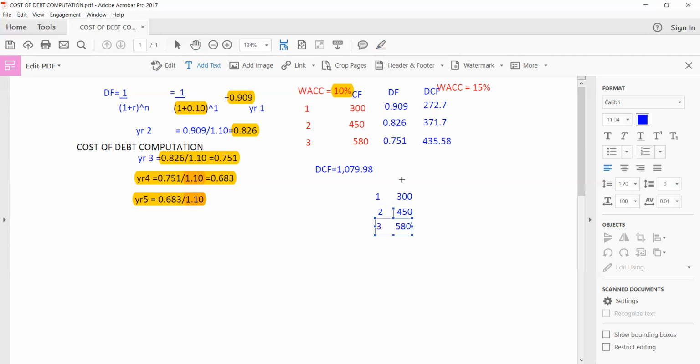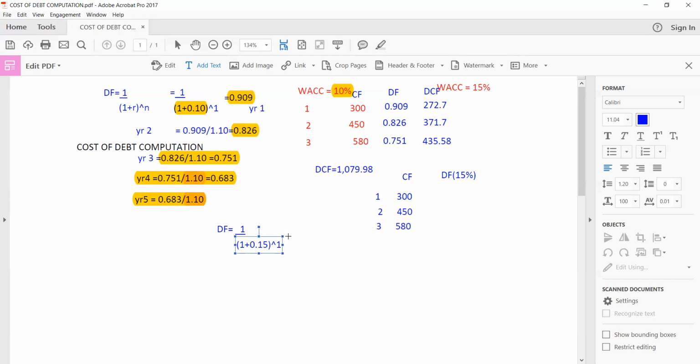So what do we need? This is the cash flow. Then the next bit is the discount factor, but here we are looking at the discount factor of 15%. And what is the discount factor of 15% for year 1? It is easy. The discount factor is equal to 1 divided by 1 plus 0.15, to the power 1 for the first year.